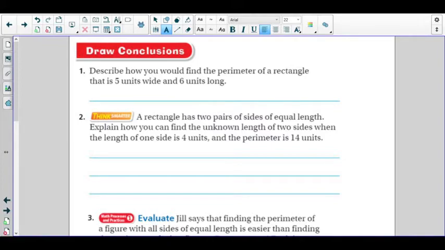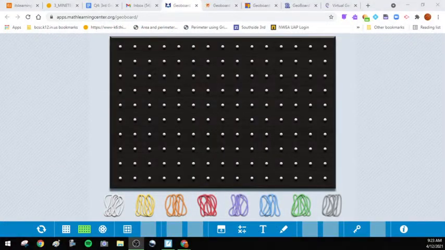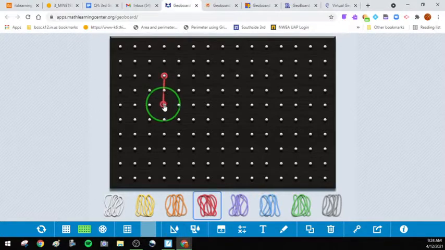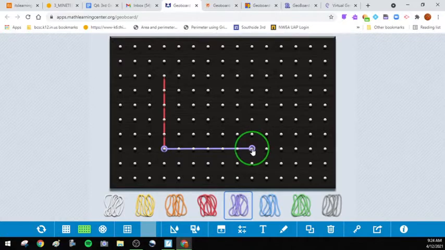So we'll head back over here to our geoboard, and we're going to go 5 units wide. So there's 1, 2, 3, 4, 5. And 6 units long. 1, 2, 3, 4, 5, and 6.